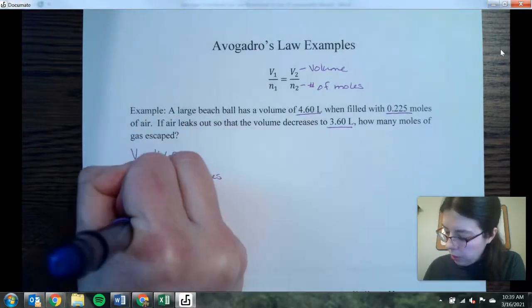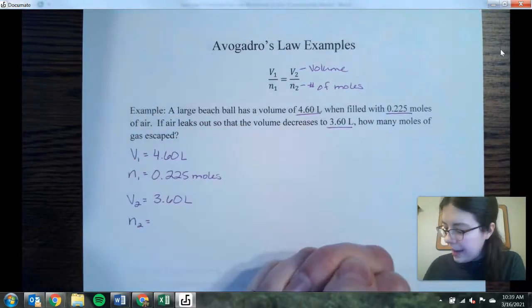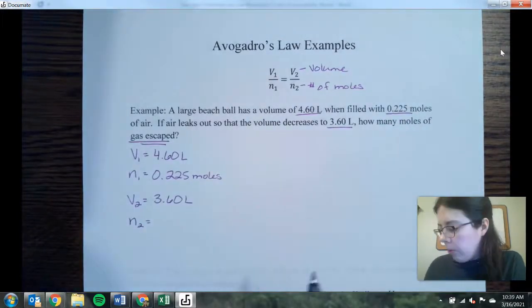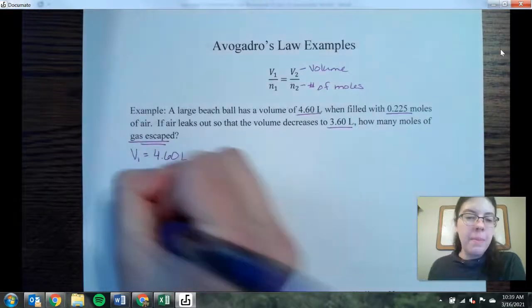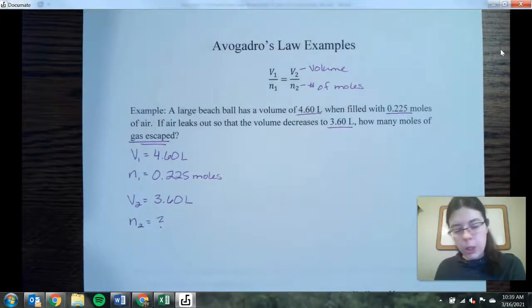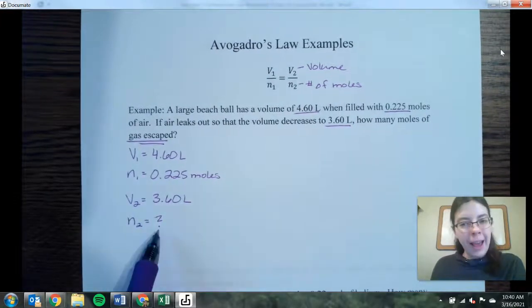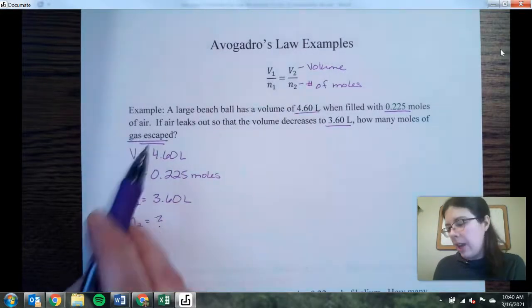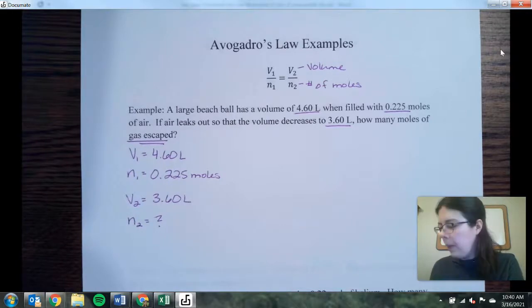For our N2, we are being asked how many moles of gas escaped. We do not know N2, which is the amount of moles in our beach ball, but we can figure that out, and once we know that value, we can figure out how much gas escaped. So it's going to be a 2-step problem.